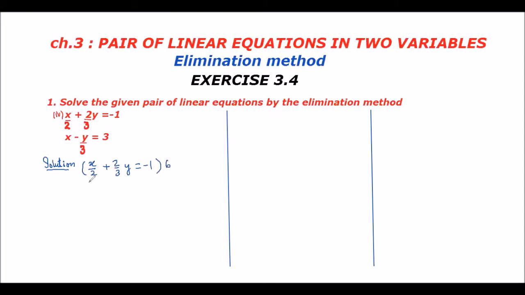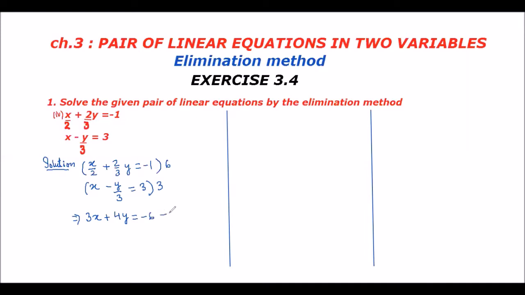Similarly, in the second equation, the denominator is 3 only, so I'll multiply the whole equation by 3 so that there will not be any denominator. So multiply the second equation by 3. When you multiply both sides by 6, you will get the equation 3x plus 4y is equal to minus 6.